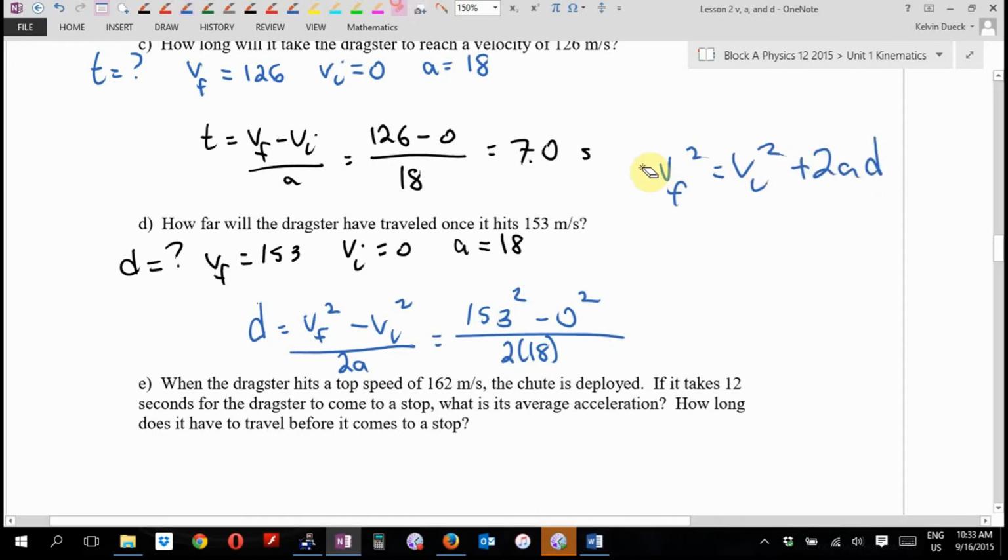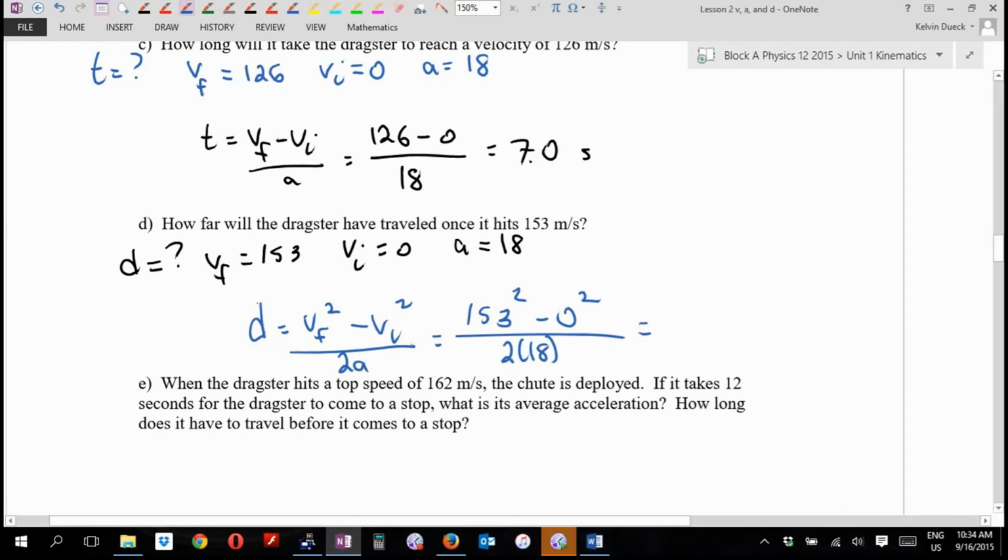Although I think on your sheet it's that, and I think there's a 0. Is that right, I think, on yours? Yeah. The squared one. And then we got the D by itself, so I minus that over and divide by that, right? Don't worry, you'll get it. They've had lots of practice with this.